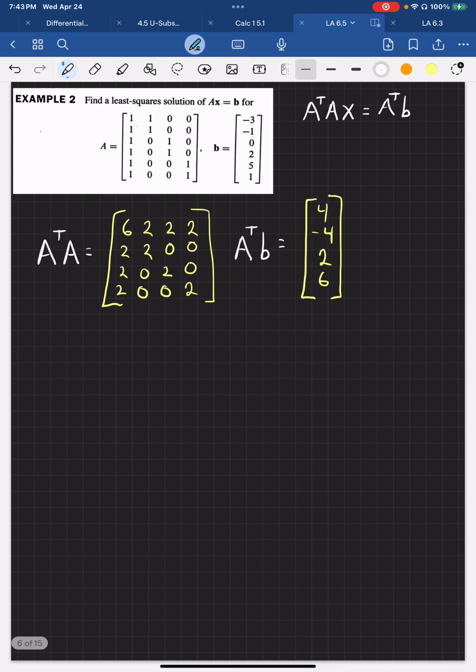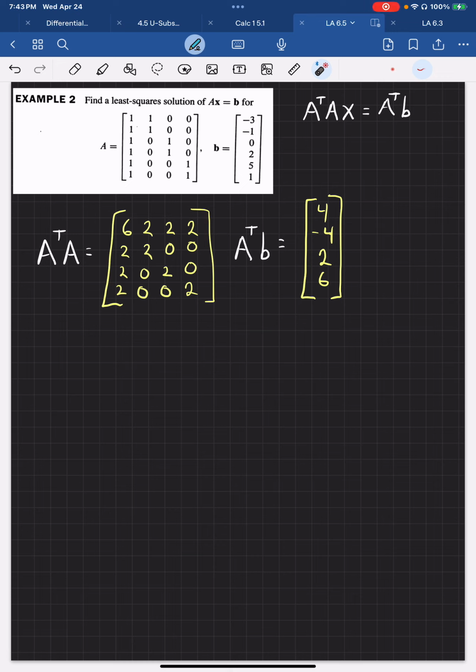I have one more example, but I've somewhat expedited the process. It says find the least square solution of AX equals B. Notice that's a much larger matrix A than in example one.